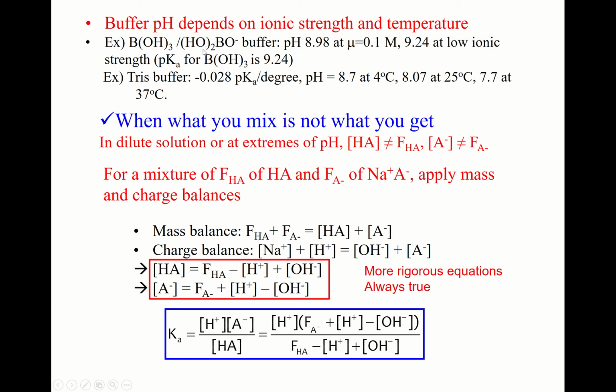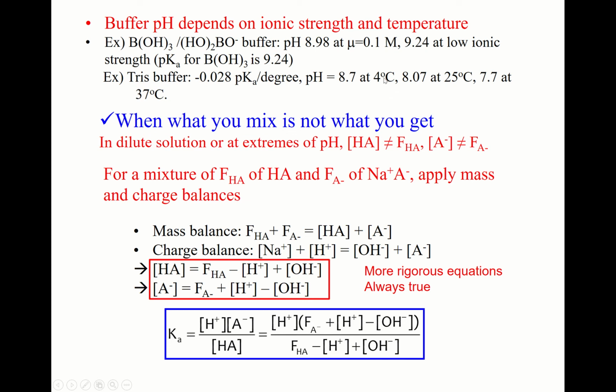For example, this borate has a pKa of 9.24, but at high ionic strength, pH becomes lower. And Tris buffer also changes pH with respect to temperature.